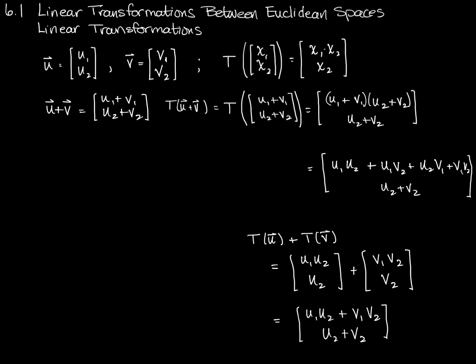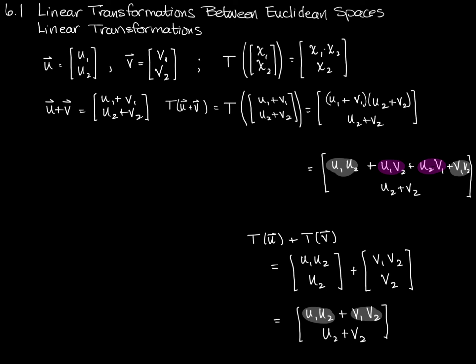That is the result of the sum of the two independent transformations. The u2 plus v2 matches, but the first component does not, right? I have u1 u2 in both approaches. I have v1 v2 by doing it either way, but I have this u1 v2 and u2 v1 in my initial approach, doing it this way, that I don't have down here.